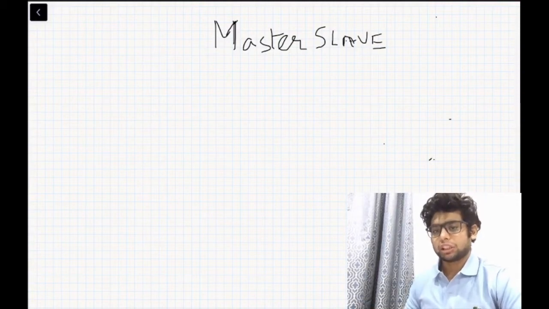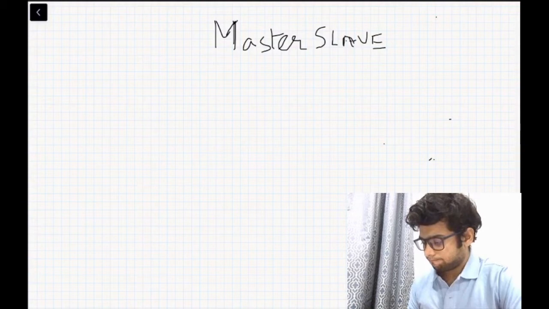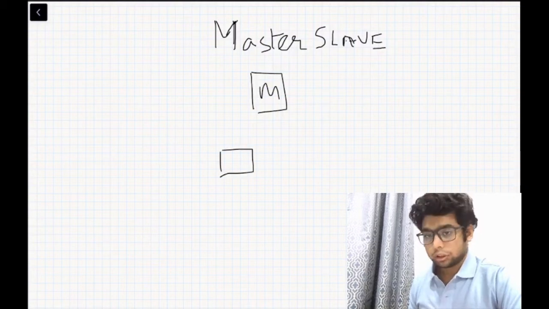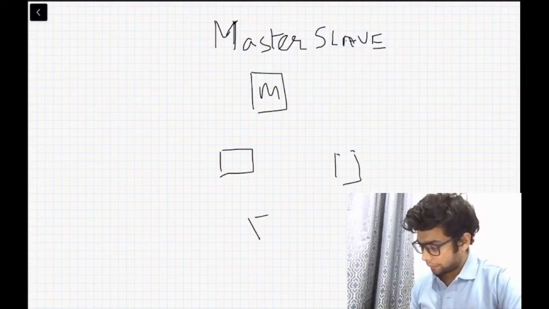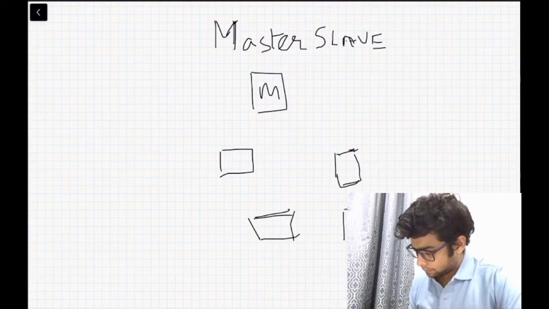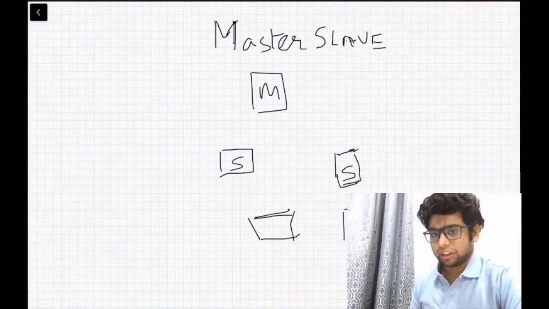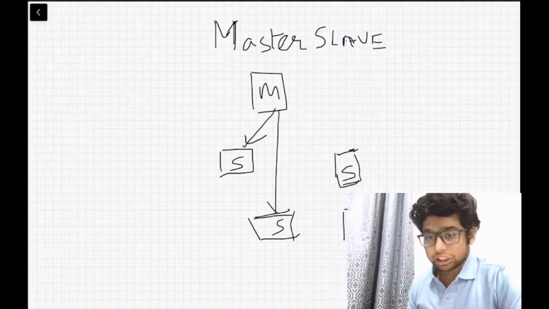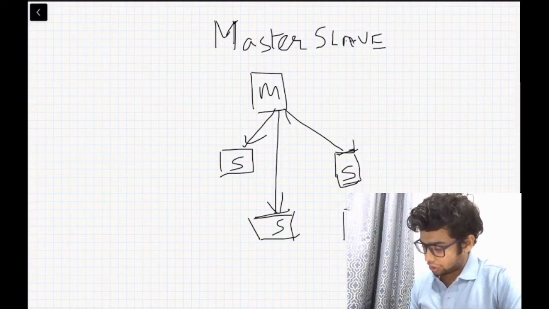So what happens in master slave is that we have a single master node and we have some slave nodes. So these are slave nodes. Whatever is written to master is copied to the slave nodes. This is the replication that we were talking about just now.